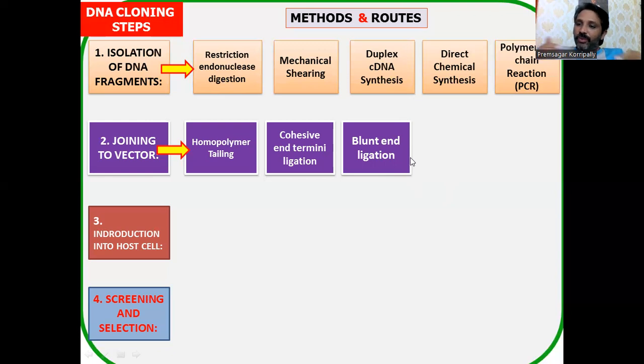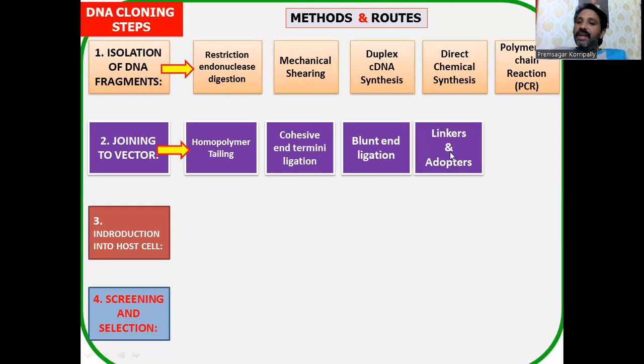So if you ligate the vector and the DNA fragment with T4 DNA ligase, you see there is a phosphodiester bond formed between the DNA fragment and the vector. That's called a blunt end ligation. This is a bit tough to have clones through the blunt end ligation. You don't get many clones through the blunt end ligation.